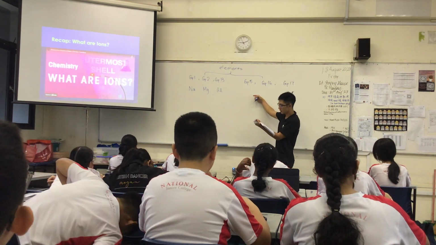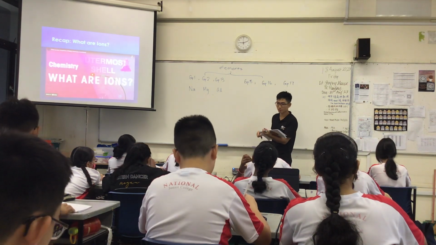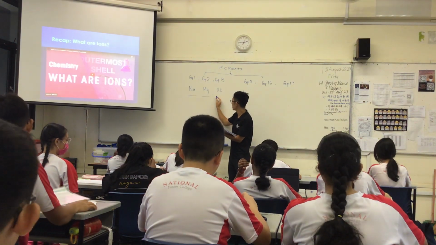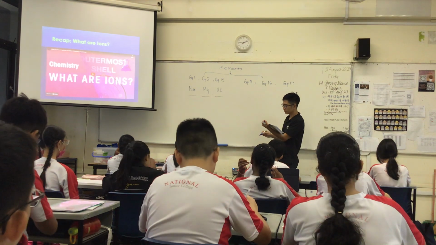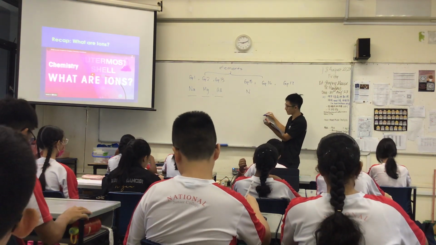For group 15. Now, I want you to just quickly practice for yourself. What is the electronic configuration of all these elements that I have just chosen? Okay, so tell me what's the electronic configuration of all the elements I've written on the whiteboard.